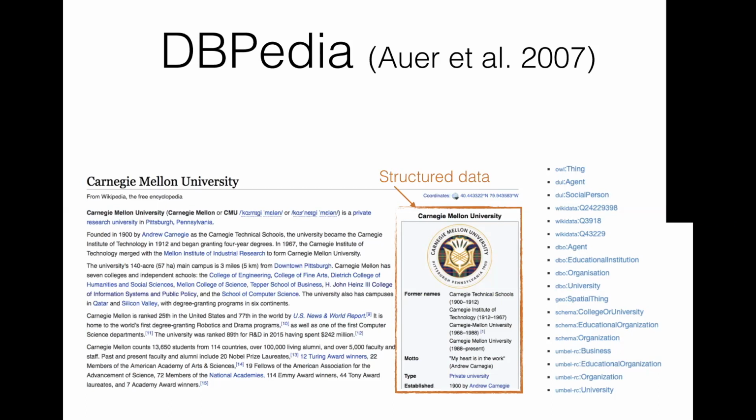And one other interesting thing you can find in DBpedia is something you can see on the right side of the slide, where this Carnegie Mellon University entity has multiple ontology types defined by the DBpedia ontology. So an example ontology type that Carnegie Mellon University belongs to is educational institution, obviously, or organization, university.